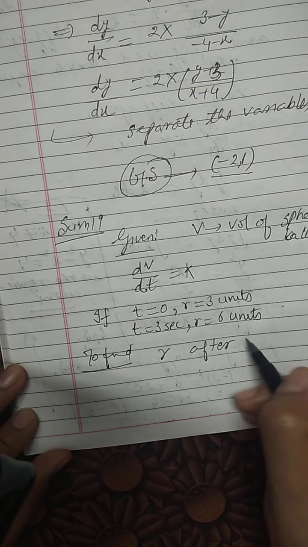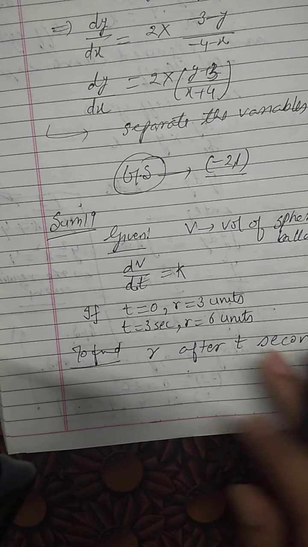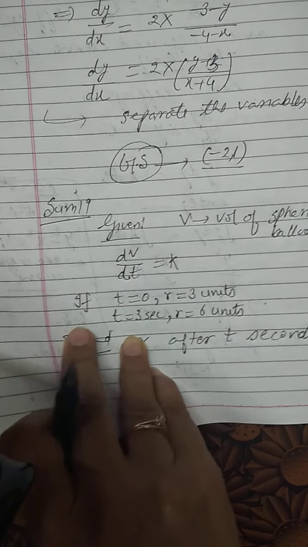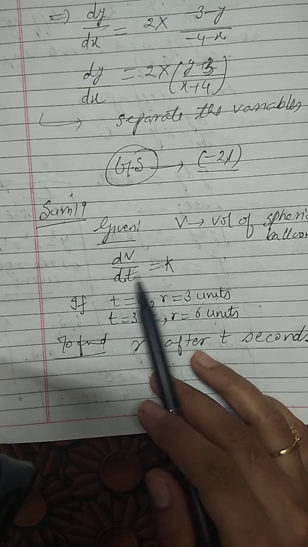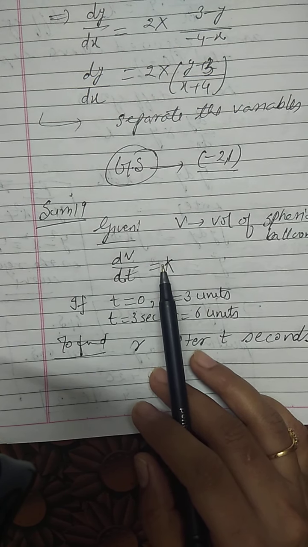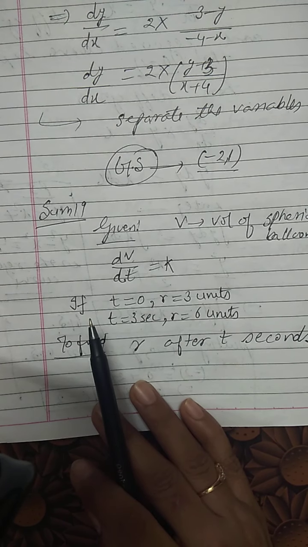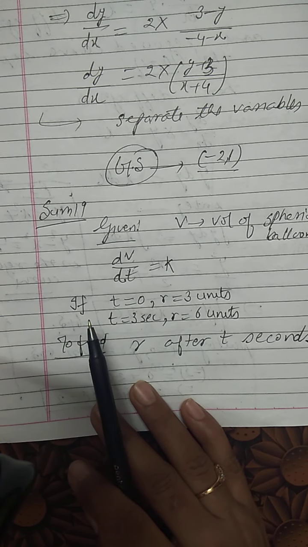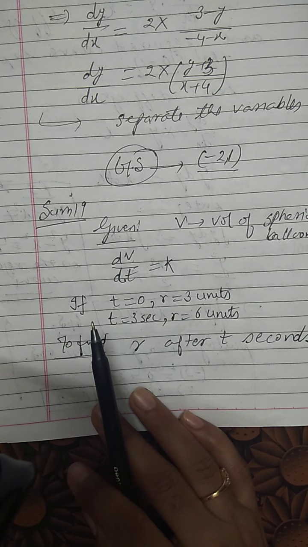So what we have to find is the radius after t seconds. Now dV by dt is given, and the volume of a sphere we know is 4 by 3 pi r cube. When I substitute and separate the variables, we will have only one variable r.